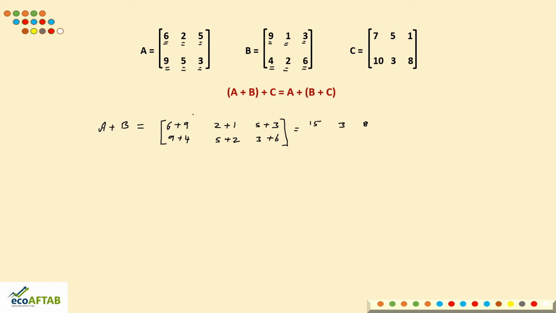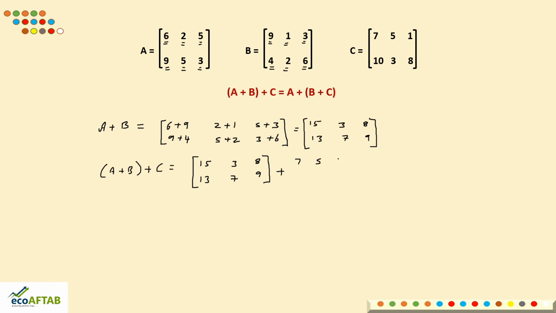And the next row is 9 plus 4 is 13, 5 plus 2 is 7 and 3 plus 6 is 9. Now we got A plus B, and we are going to add C. So in A plus B we will add C. What we will get is 15, 3, 8, 13, 7, 9. This is A plus B plus C.